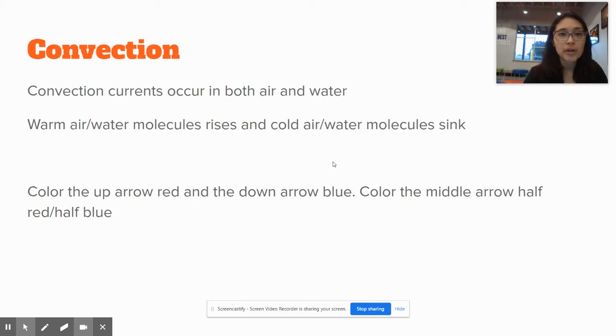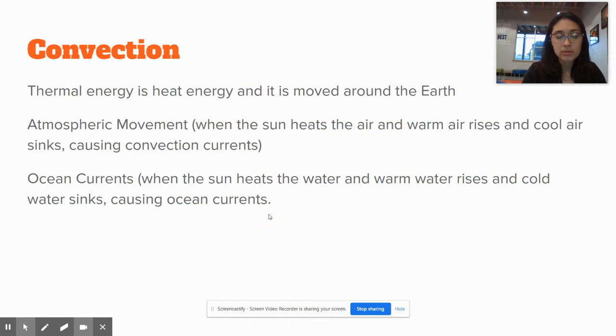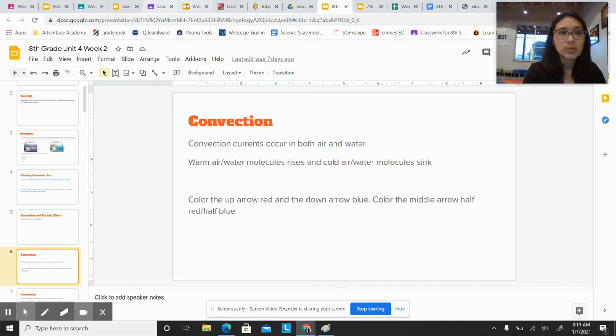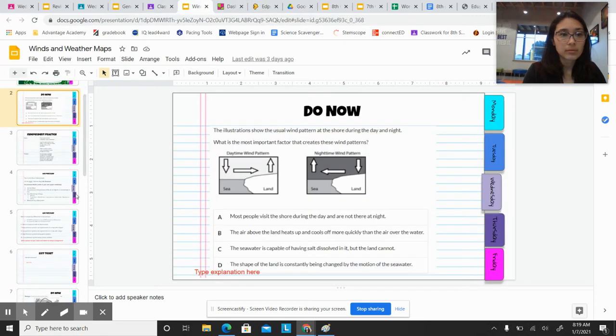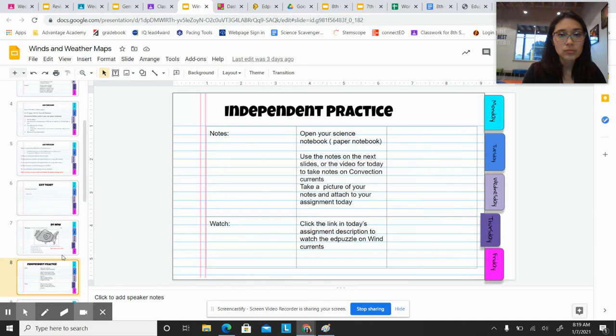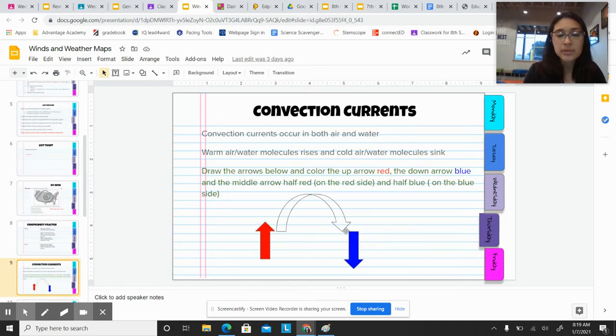So the convection currents occur in both air and water. Warm air or water molecules rise and cold air and water molecules sink. So hot or warm air rises and then cold sinks. So in your notes, what I want you to do is draw these arrows and I want you to color the up arrow red, color the down arrow blue, and then I want you to color this side of the middle arrow red and this side of the middle arrow blue.